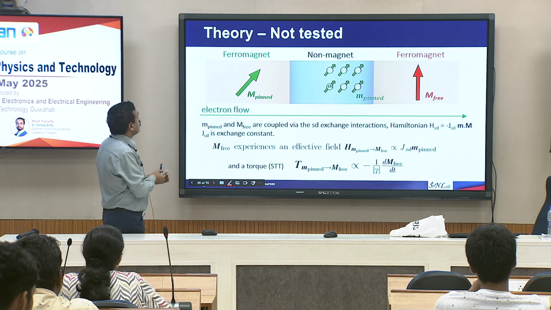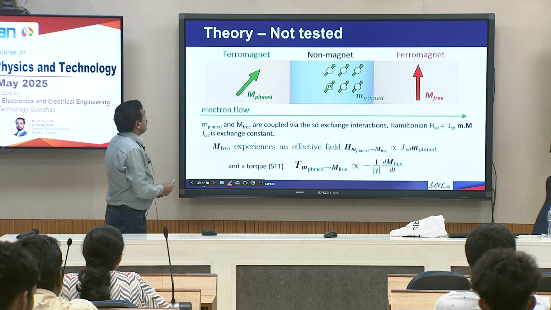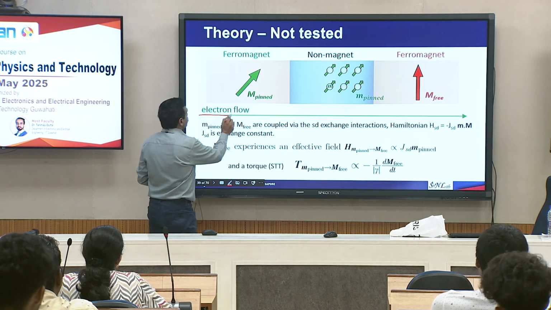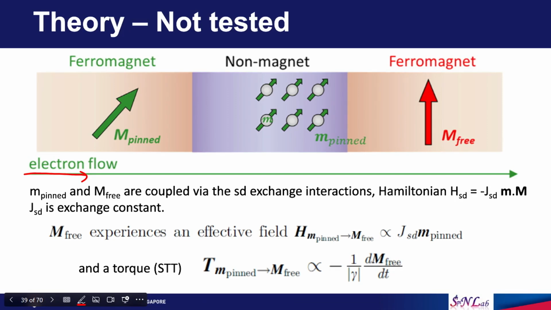Okay, so now we go on to the STT. We are sending electrons from left to right. This is the free layer that we want to switch. This is the reference layer or polarizing layer. When you send electrons through this layer, we have learnt about polarization.